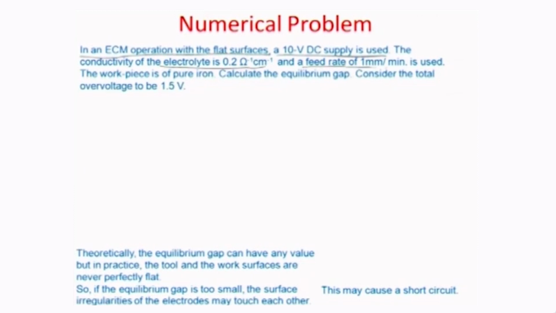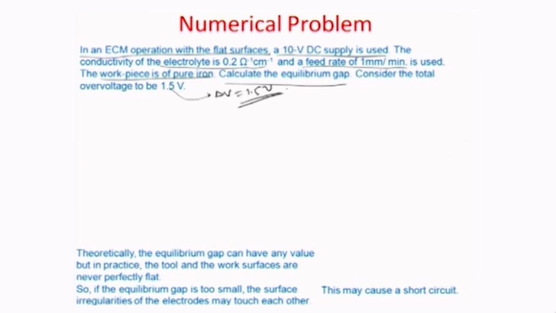The feed rate of 1 mm per minute is used, and the workpiece is pure iron, meaning thereby that the surface to be machined is that of iron. So, all the parameters related to the electrochemistry of iron need to be known here, and you want to calculate the equilibrium gap, and you consider that the total delta V, the over voltage, which has to be also taken into the design voltage, is 1.5 volts.